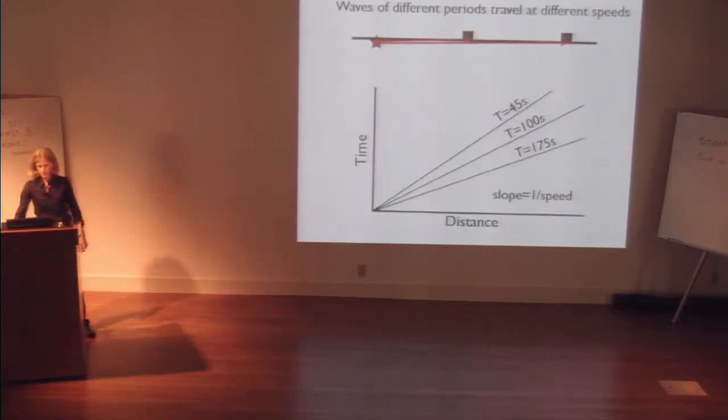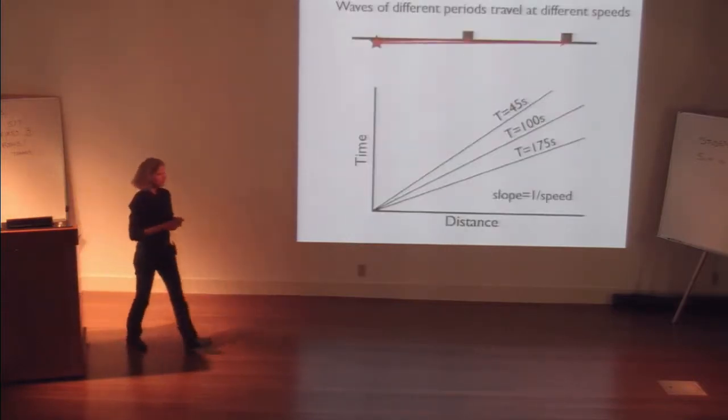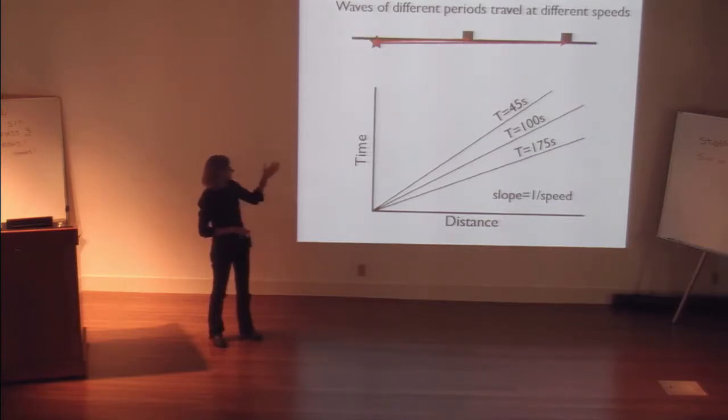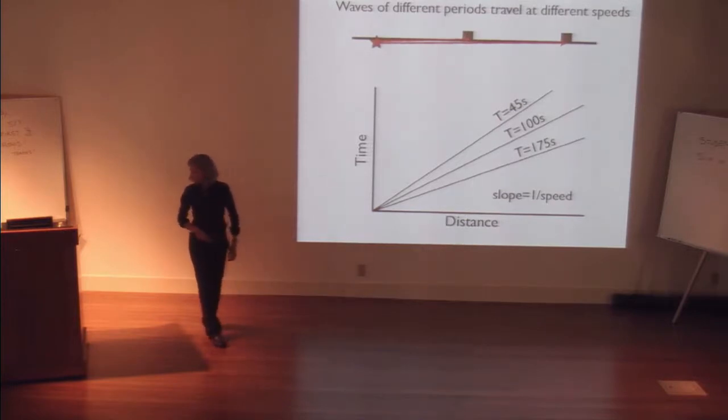So if nothing else, we have learned that seismologists measure travel times. For surface waves, we know that different periods travel at different speeds. They're dispersive, but it's still true that our travel time curve can be constructed, and we can get the speeds from the slopes of those curves.